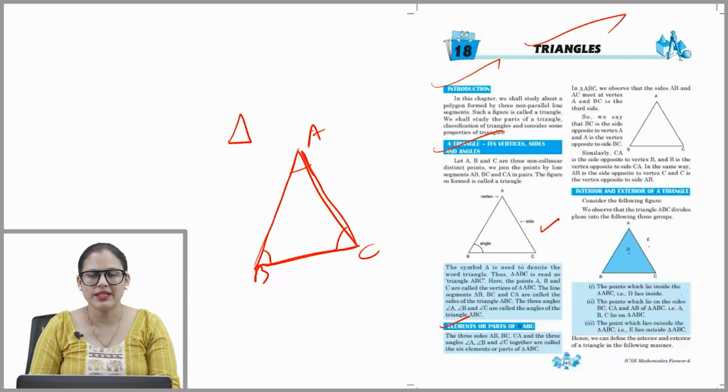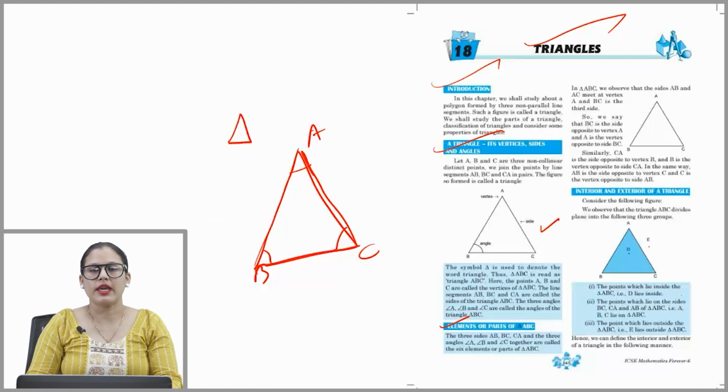In triangle ABC, we observe that the sides AB and AC meet at vertex A and BC is the third side. So we say that BC is the side opposite to vertex A and A is the vertex opposite to side BC. Similarly, CA is the side opposite to vertex B and B is the vertex opposite to side CA.